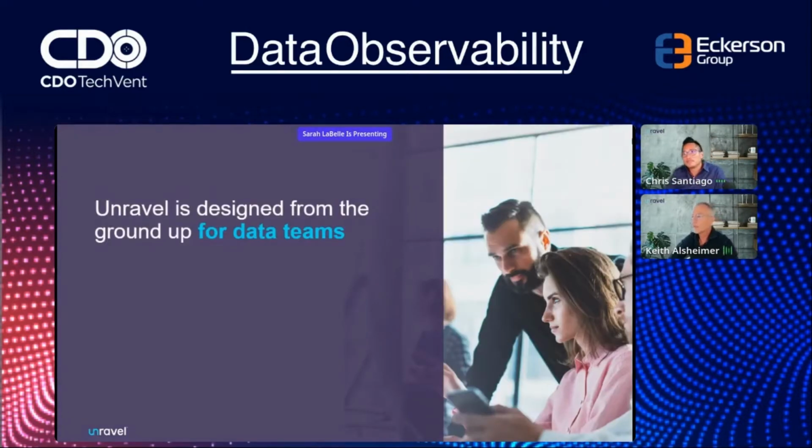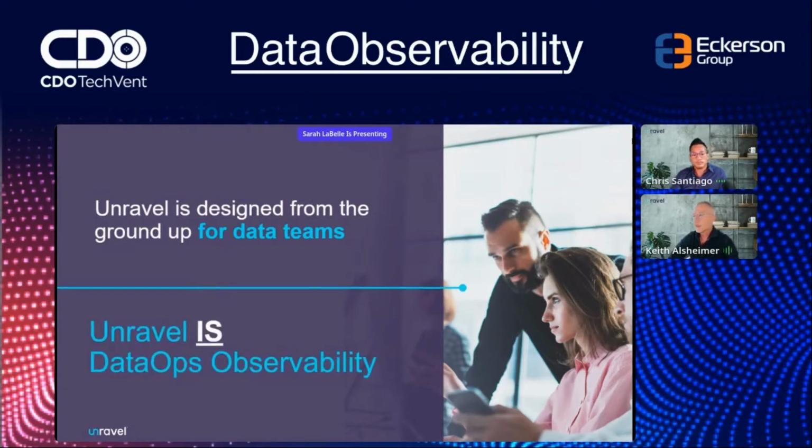So that is the end of our 3 examples. I hope they were useful. At Unravel, we focus on really helping data teams be successful in doing their jobs. That's really what we view as our purpose. And that's fundamentally what we're calling DataOps Observability, which is the performance, the cost, and the quality all brought together under one platform that enables data teams to deliver on data ops for their organizations.